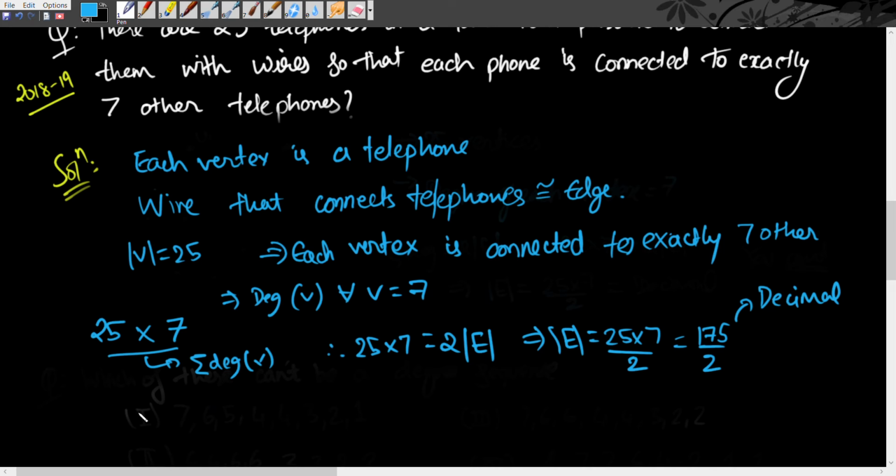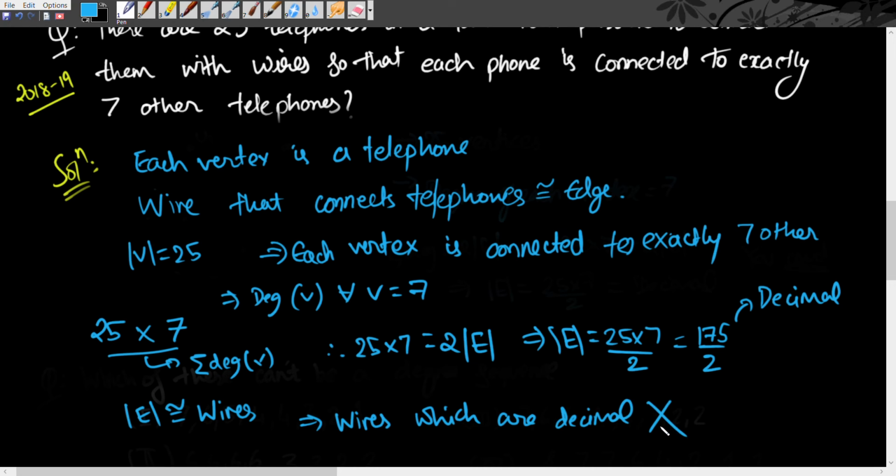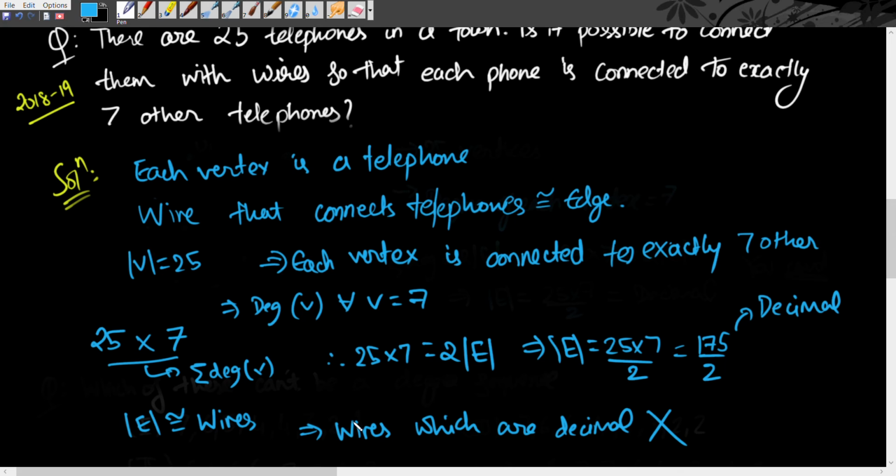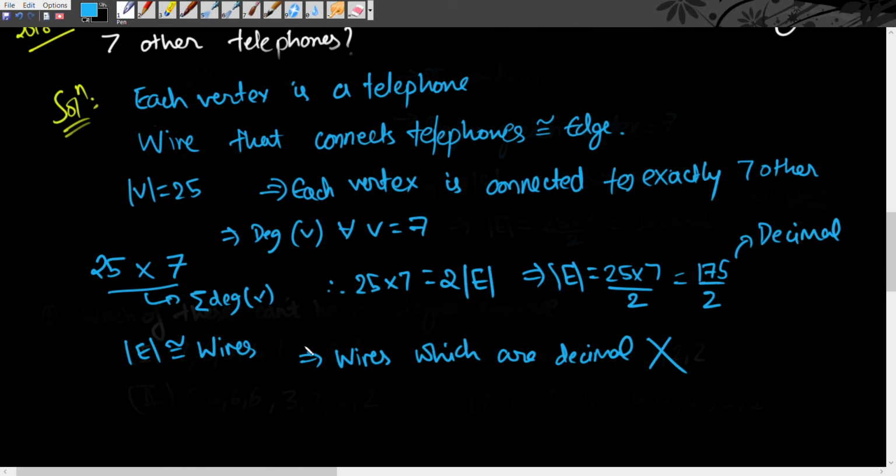Now we made an assumption that the edges are analogous to the wires, and it is pretty obvious that you can't have fractional wires. It's not possible. This can't happen. So that means that you cannot make any such connection, which means that no such connection exists.